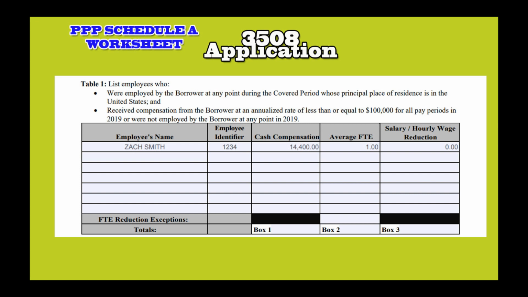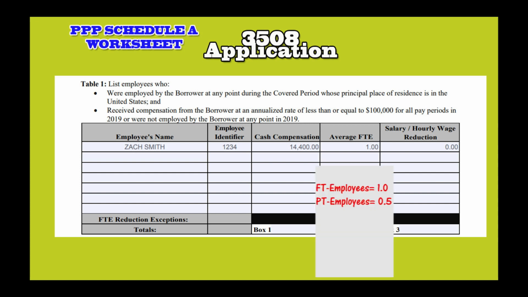In your next section, the average FTE. Now, there's a calculation to get this, but I'm going to simplify it for you. The average full-time equivalency. So, if your employee, Zach Smith, worked 40 hours per week on average during this pay period, you would put 1.0.